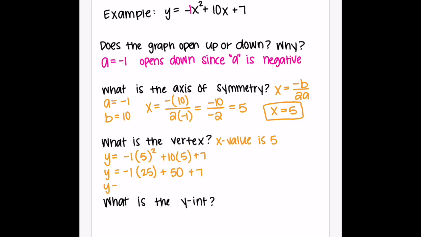So y equals, this is negative 25 plus 50 plus 7. Right, so negative 25 plus 50 is a positive 25, and then we have plus 7. So y is 32. Writing this as a point, that would be the point 5, 32.